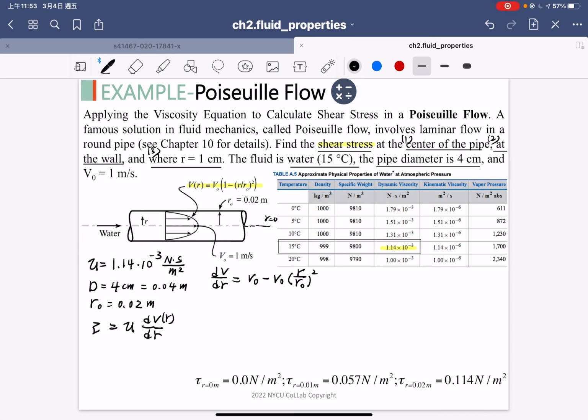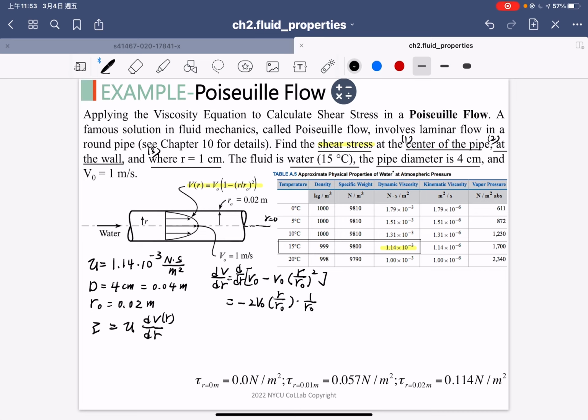Okay, and then we can take the differential of this function with respect to dr. Based on your calculus knowledge, you can finish it by yourself. So I computed the minus 2 V0 R divided by R0, and multiply by R0 over 1.